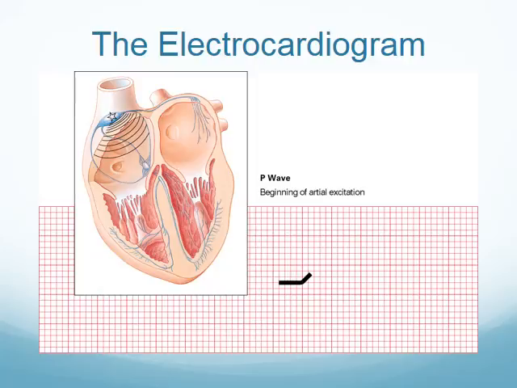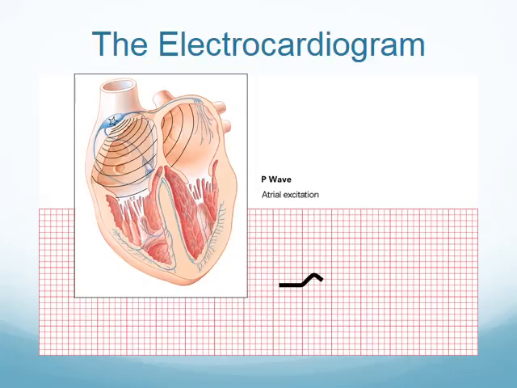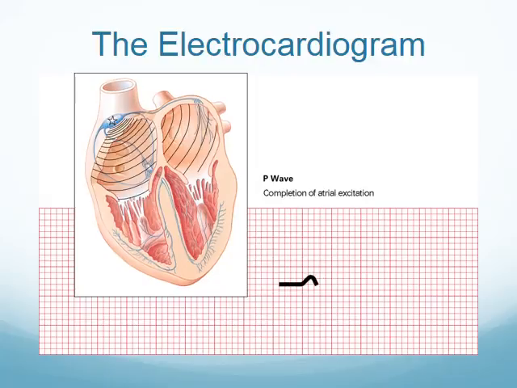Okay, so as the stimulus is passed down through the atria, and the atria depolarize, this is where we're going to see the beginning of our P wave, which is the beginning of atrial excitation. By the time the P wave is complete, we'll have completion of atrial excitation as that stimulus spreads down through the atria.